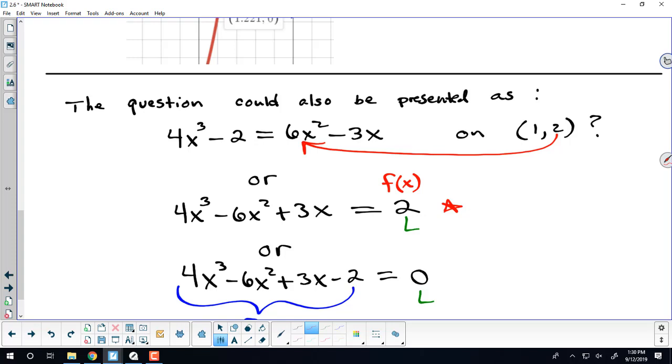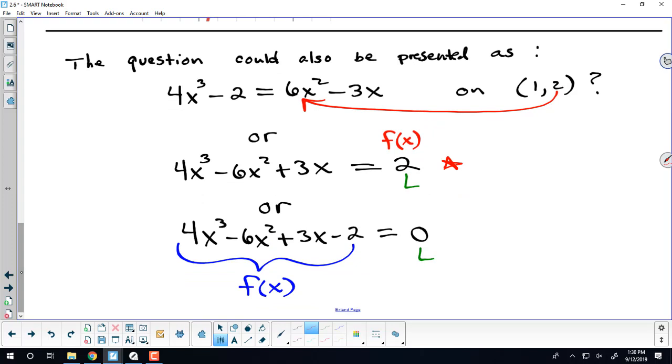Wouldn't it change the value of our A and our B though? Because since you're moving it to the other side, we're no longer subtracting by 2. Oh, right, yep. Totally good point. Very easily overlooked, as I just did. So notice if we're saying our L is 2, this now is our f of x. It's now 1 and 14.